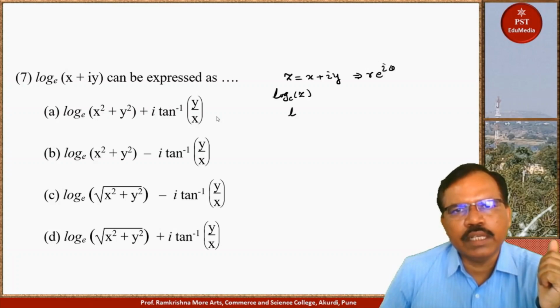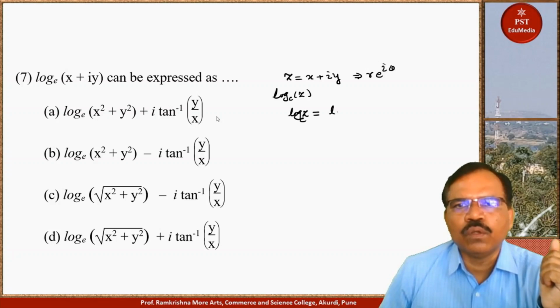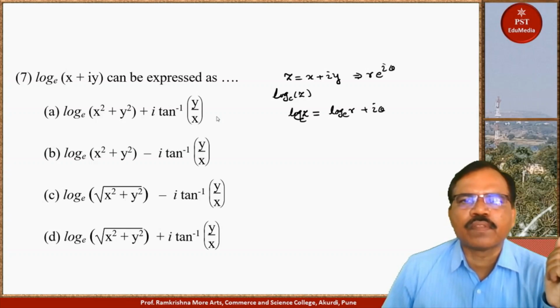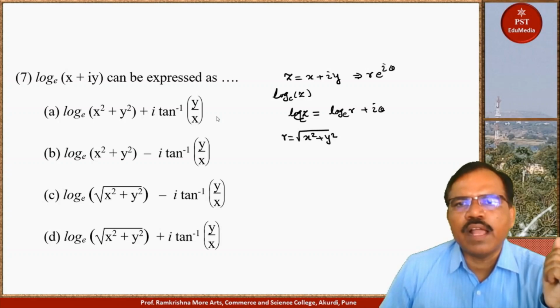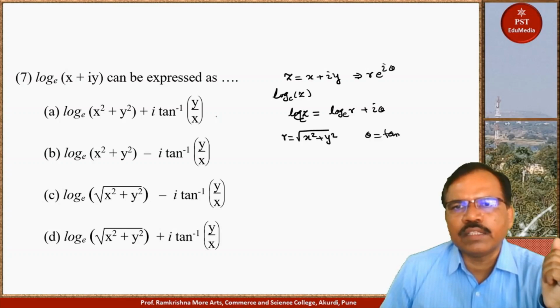So log z, log to the base e, is equal to log r plus i theta. Now here r is root of x square plus y square, and theta is tan inverse y by x.